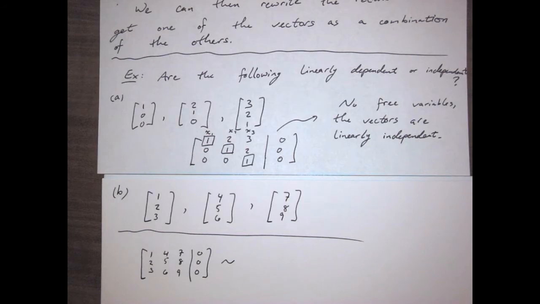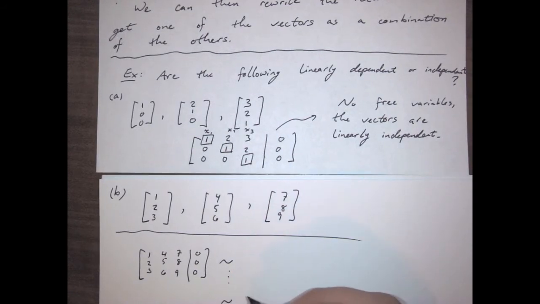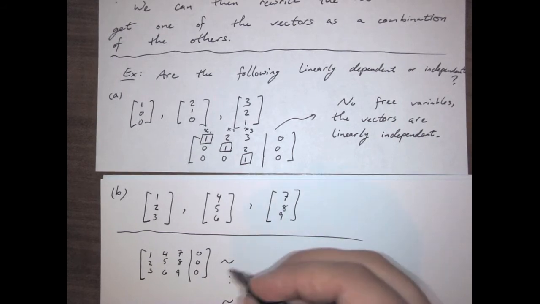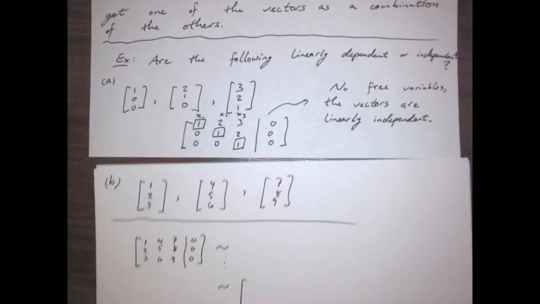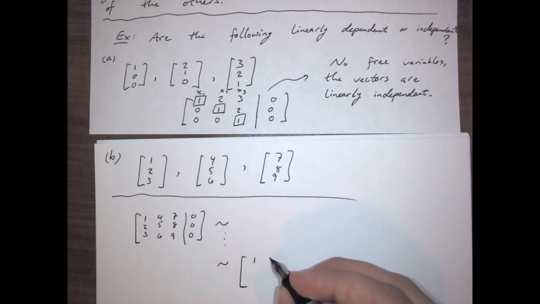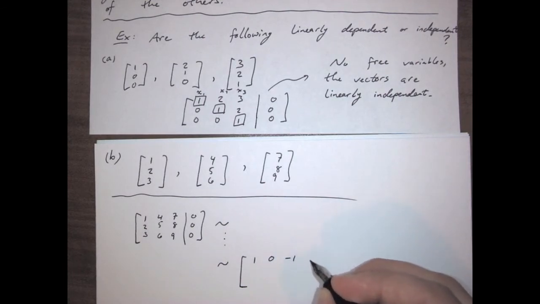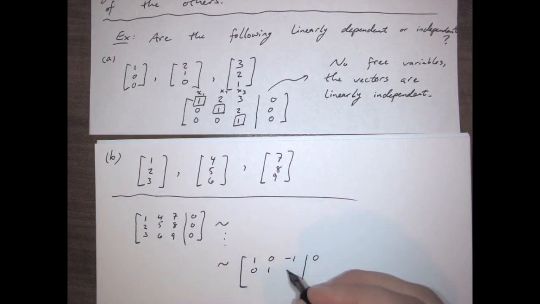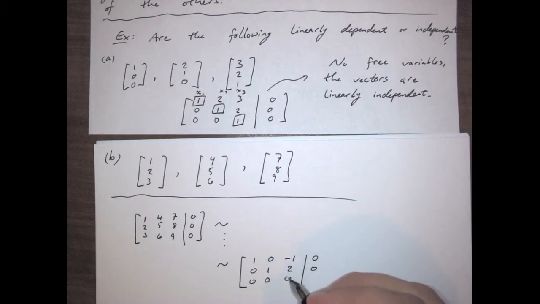Now, we can row reduce this. It won't take very many steps to do by hand, but we can also just use a calculator, or you can just take my word for it. What you get is 1, 0, negative 1, 0; 0, 1, 2, 0; and then 0, 0, 0, 0.